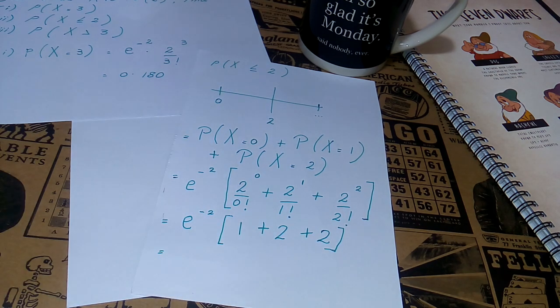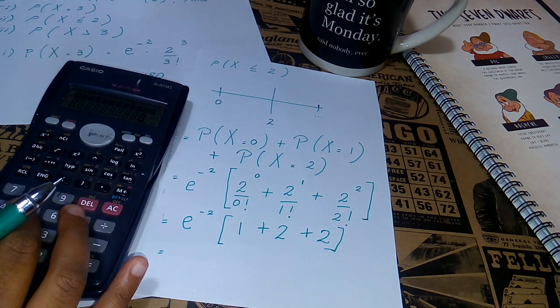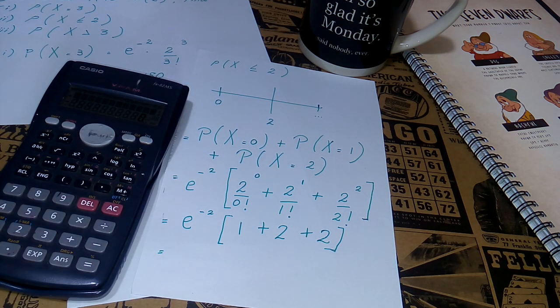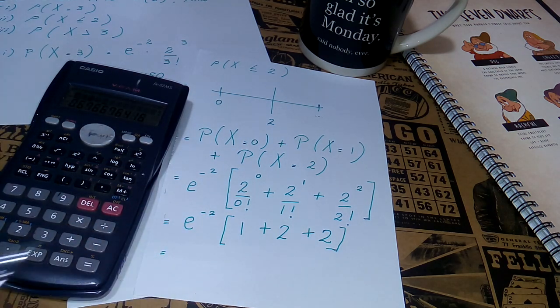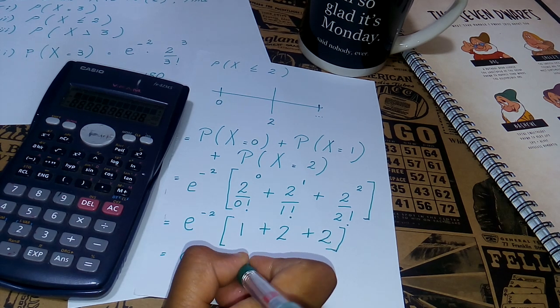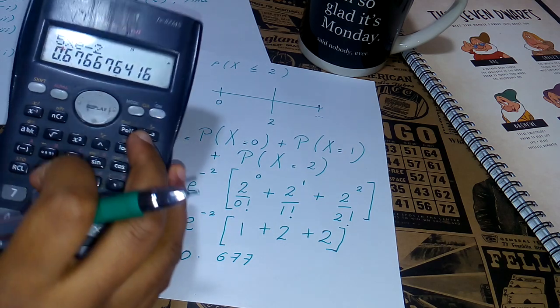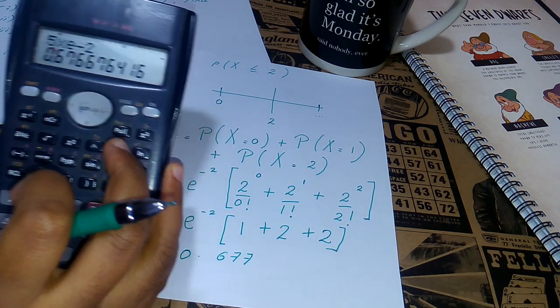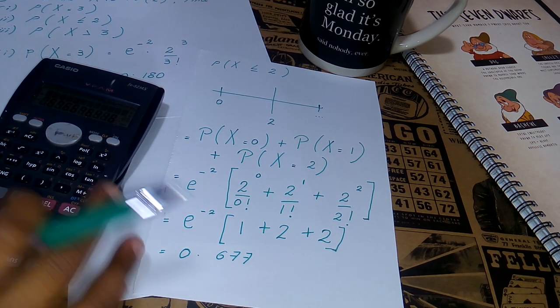So we take the calculator: 5 multiplied by the exponential of negative 2. The answer is 0.677 to 3 significant figures. Okay, so that was the second part.